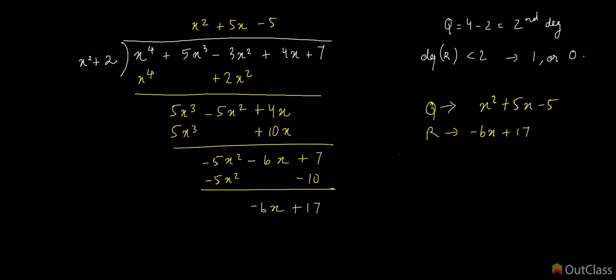And so basically what we have here is equal to x square plus 2 into x square plus 5x minus 5 plus minus 6x plus 17 according to the division algorithm.